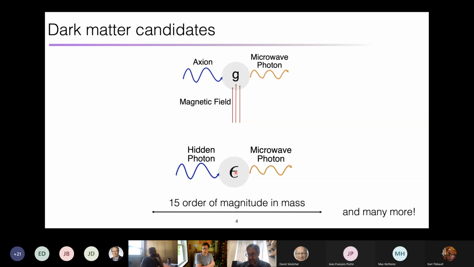Okay, quick question there. Can you distinguish between the two, if the detection mechanism is similar? Yeah, because you need a magnetic field for the axion, so you can use that as the distinguishing feature. Thank you. And what would make a photon hidden? It's still not real. I mean, a hidden photon is just a name.